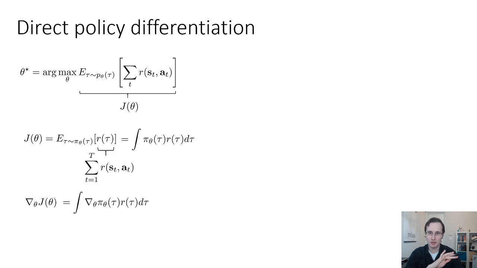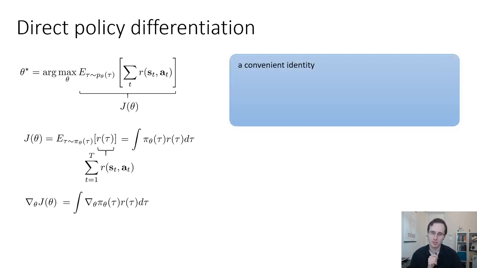The gradient operator is a linear operator, so it commutes with the integration sign. That means the gradient of the integral is the integral of the gradient. We're not there yet, though, because computing grad theta of pi theta of tau is not very easy. So here's a convenient identity that we can use.